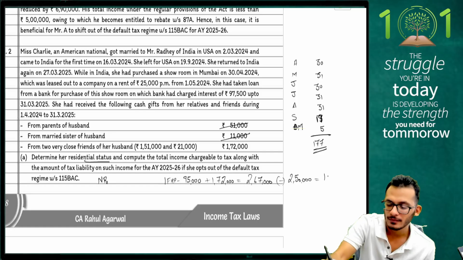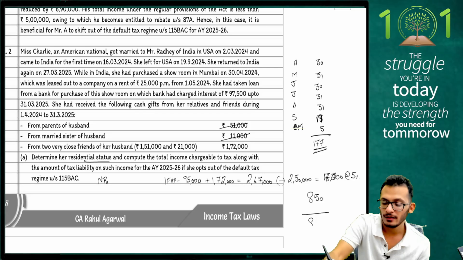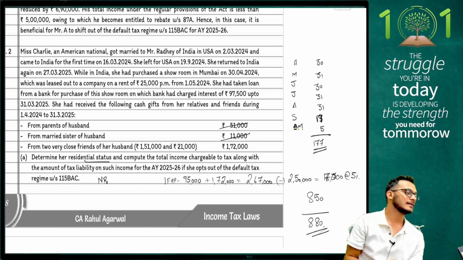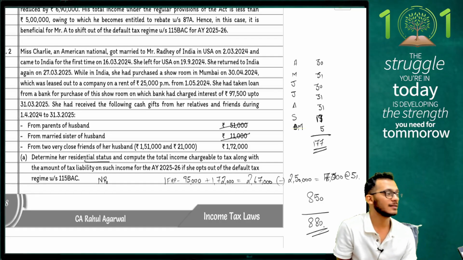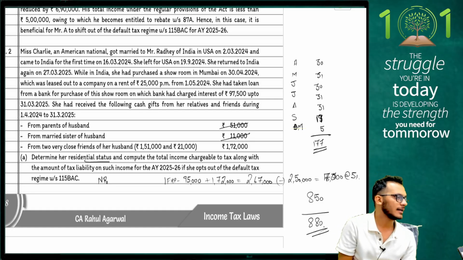Taxable income 17,000 at the rate of 5%. Number is 850. Adding cess, number becomes 880 is the answer. That is the hint here, people. The person is a non-resident, therefore not eligible for rebate. Keep that in mind. Clear?